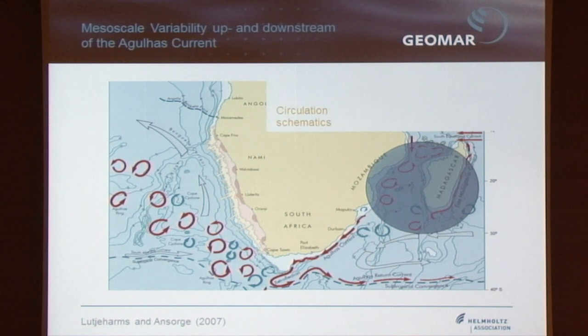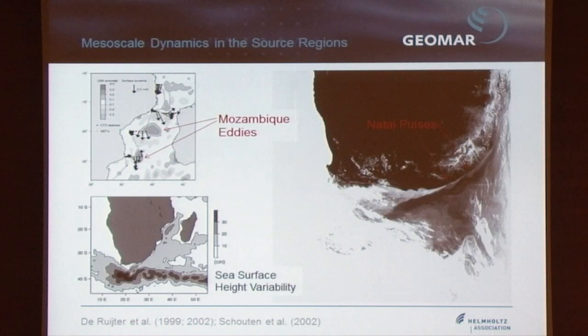On top of that, we have another mesoscale variability, and we've also seen the importance of the mesoscale eddies in the source regions. We have mesoscale eddies called Mozambique eddies in the Mozambique Channel that are caused there by barotropic instability.